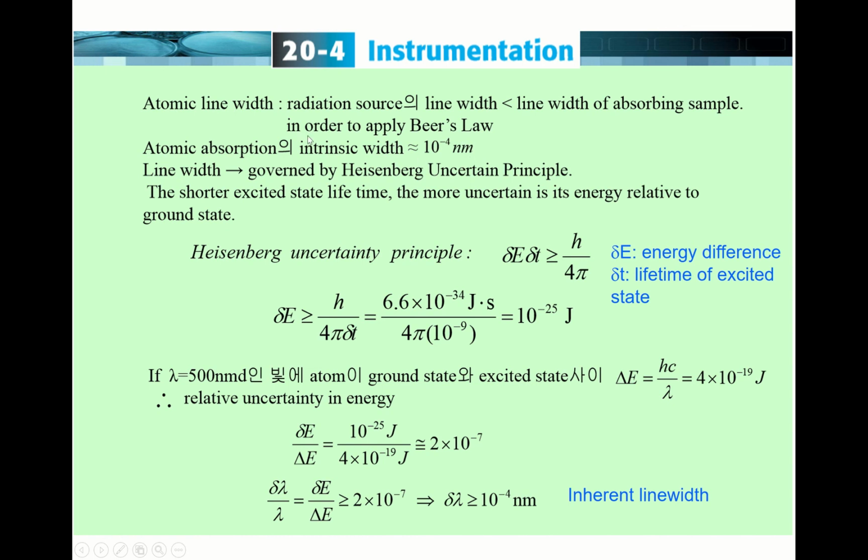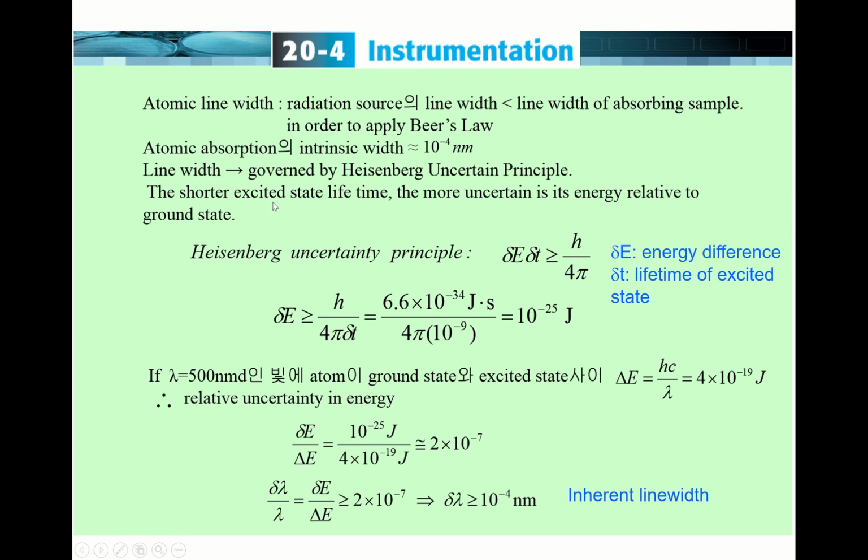The requirement is that the source line width must be much smaller than the line width of the absorbing sample. Otherwise, much of the radiation may not be absorbed by the sample.